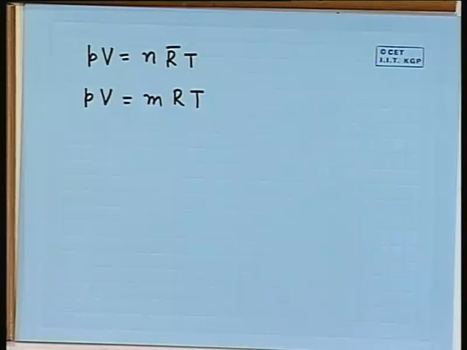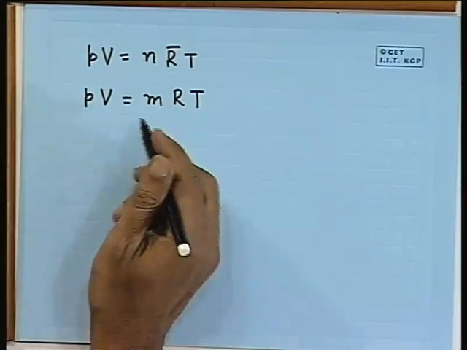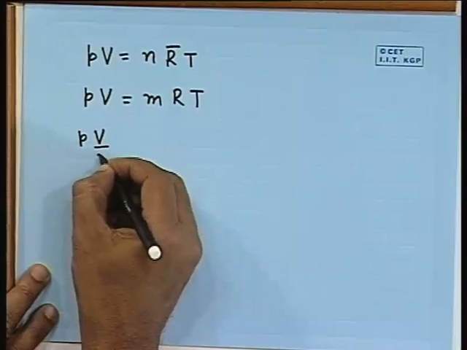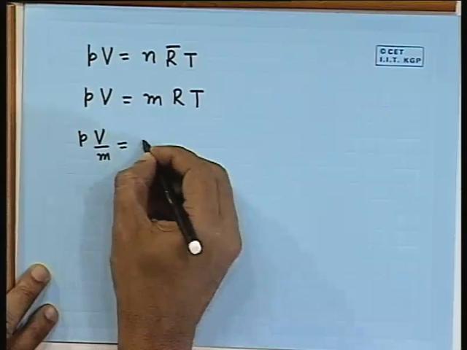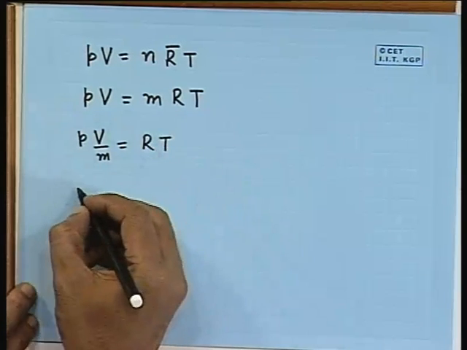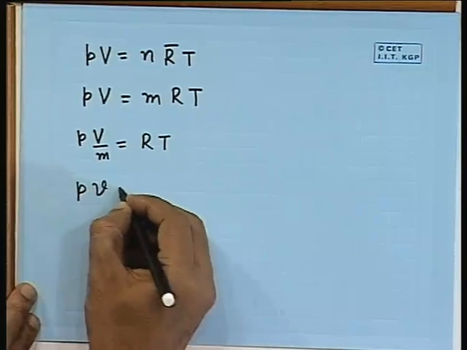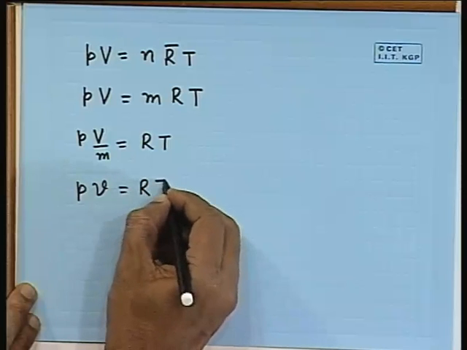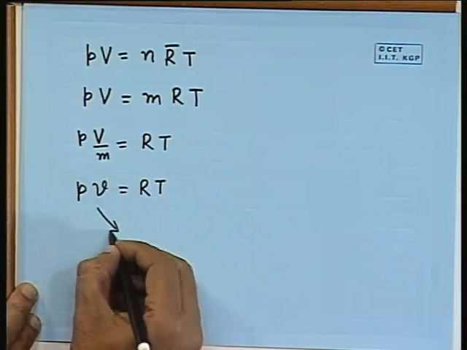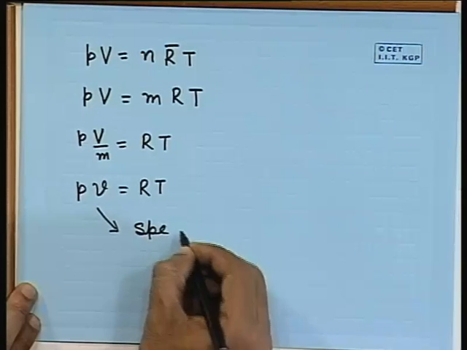Then in the next step what we can do, m we can bring on the left hand side. So, PV by m is equal to RT, or Pv is equal to RT. So, this is your specific volume.